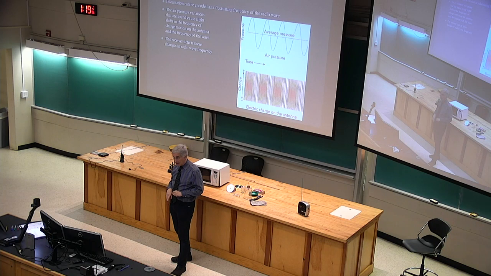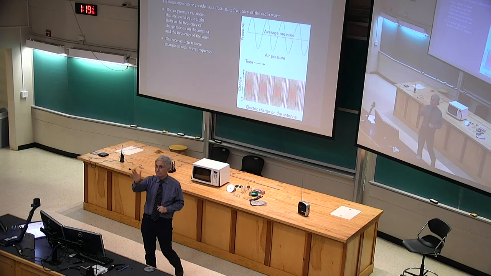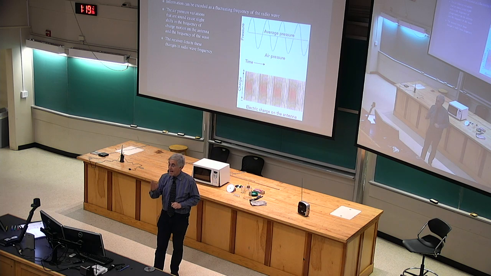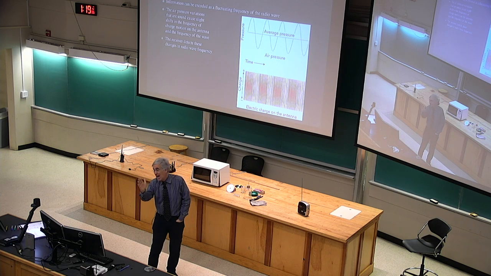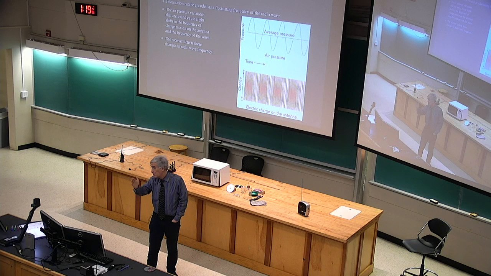The FM technique takes your center frequency that you've been allocated, and it allows you to vary the frequency of your wave a little above and a little below. And it's either as much as 100,000 cycles above and 100,000 below, or it's 200. I can't remember which. Doesn't matter.